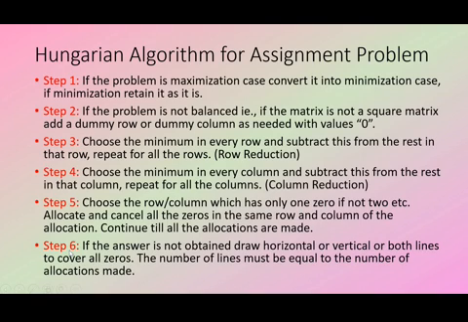In that case, go to step 6. If the answer is not obtained, draw horizontal or vertical or both lines to cover all zeros. We are supposed to see to it that all the zeros in the cost matrix are covered under the lines. So how do we draw the lines?